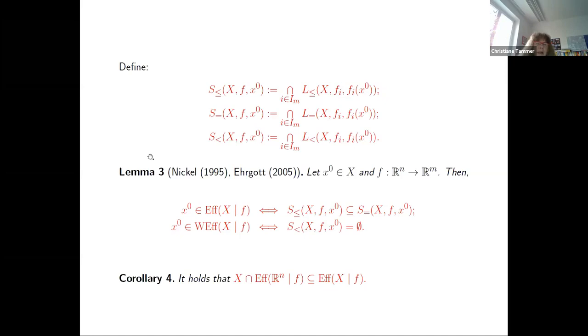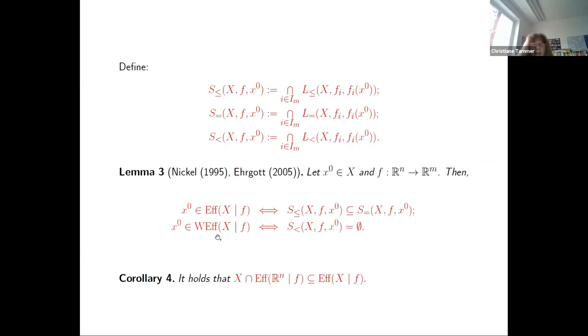an important result, I think derived by Stefan Nickel and also mentioned in the book by Matthias Ehrgott. We can give a necessary and sufficient condition for the property that x0 belongs to the set of efficient elements of the constrained multi-objective optimization problem. This is the case if and only if this inclusion holds.